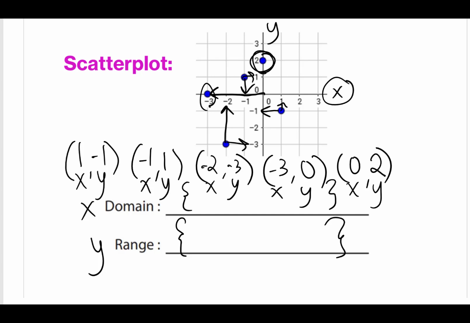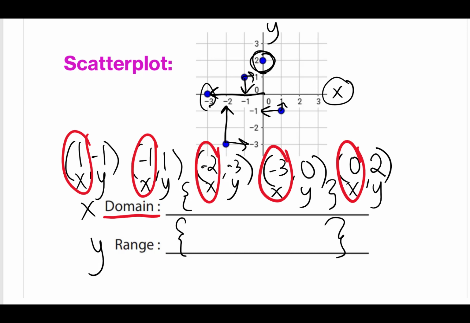So I'll do domain in red, domain is rojo, so this is domain. So the smallest number is -3, -2, -1, 0, 1.